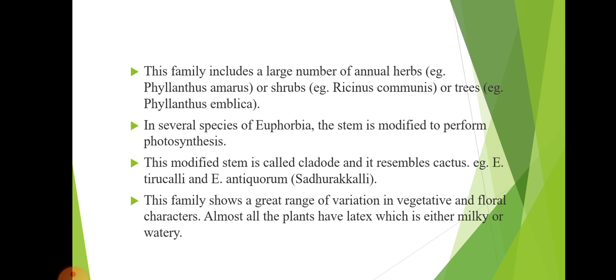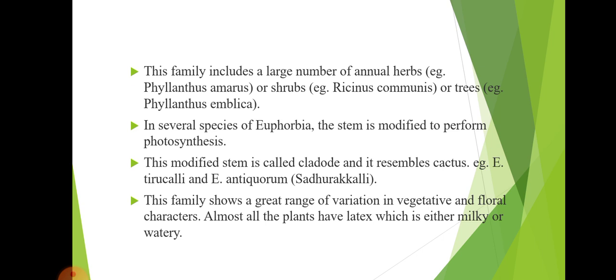And in several species of Euphorbia, the stem is modified to perform photosynthesis. This modified stem is called cladode and it resembles cactus. Example, Euphorbia tirucalli and Euphorbia antiquorum.